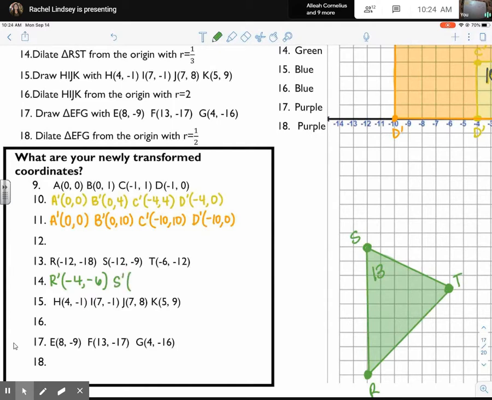So -12 divided by 3, or -12 times 1/3, should give me what? -4. -9 times 1/3, -3. -6 times 1/3, -2. And then -12 times 1/3, -4. So there are my points for my dilation. And it is going to be smaller because it is a reduction.